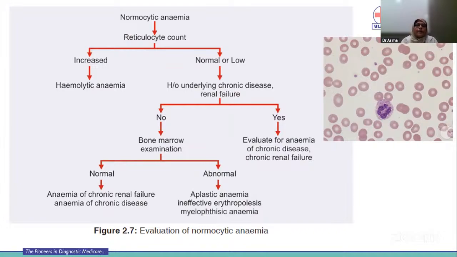Then for bone marrow, if it is normal, then it can be anemia of chronic renal failure or anemia of any chronic disease. Whereas in cases of abnormal bone marrow, it can be aplastic anemia, ineffective erythropoiesis, and myelophthisic anemia. As we have already discussed, in myelophthisic anemia the bone marrow is replaced by lymphoma, leukemias, or carcinomas.